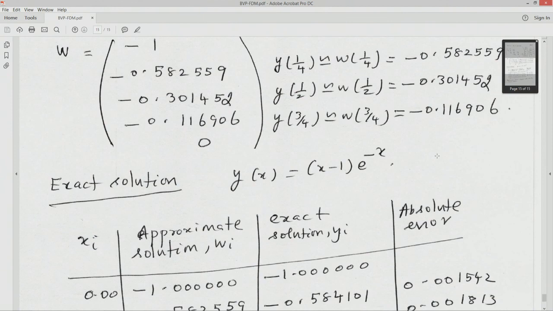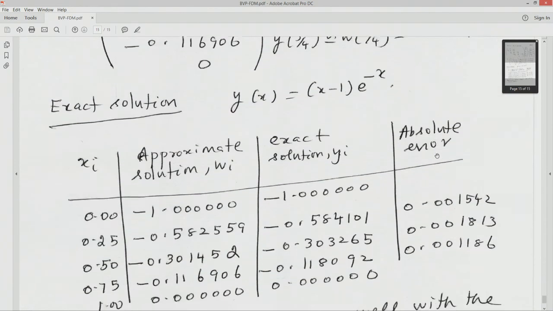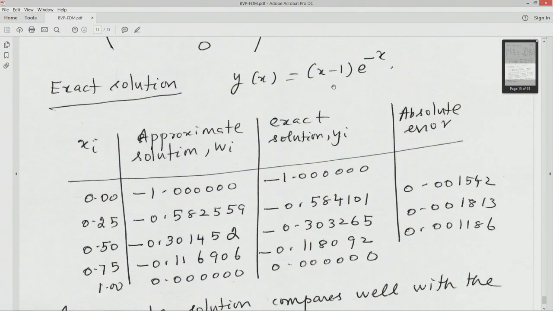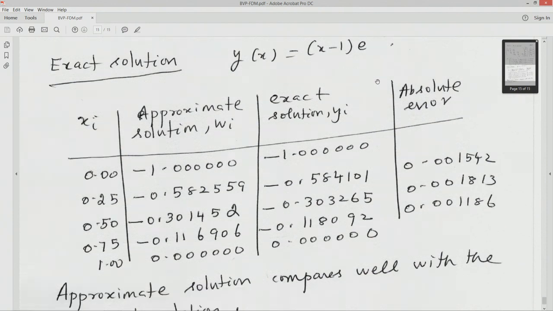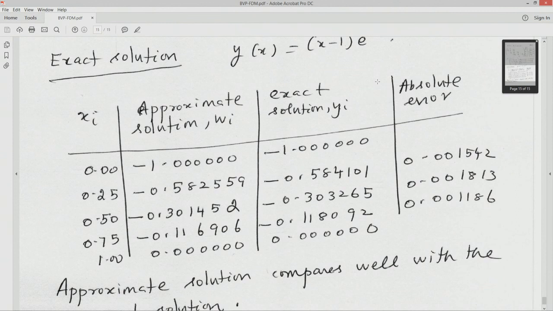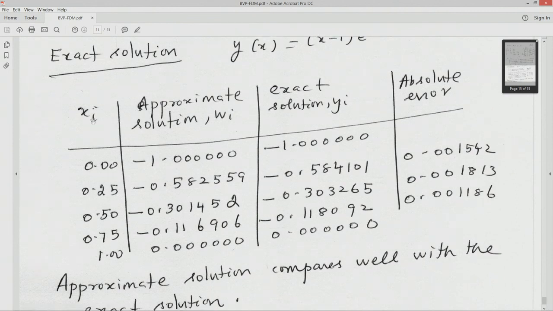We also know that the exact solution of the system is y of x is equal to x minus 1 into e power minus x. So, we would like to find out what the absolute error is. So, in the table we present the x i values, the corresponding exact solution at these x i and the approximate solution at these x i, and compute the absolute error.